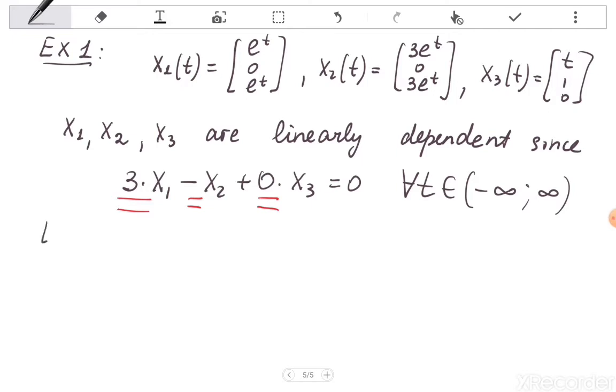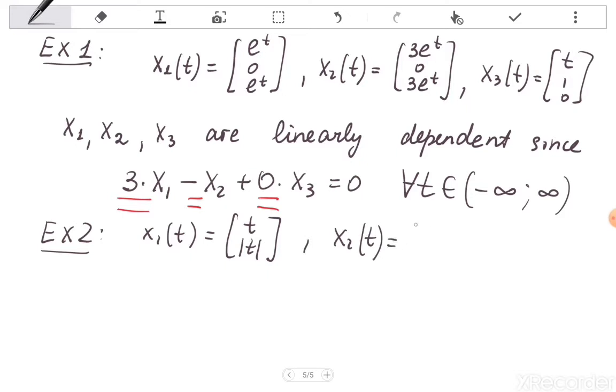Let's look at another example. x1 of t is t and absolute value of t, and x2 of t is absolute value of t and t. It's not immediately clear whether these are linearly dependent, so let's assume that this is true.